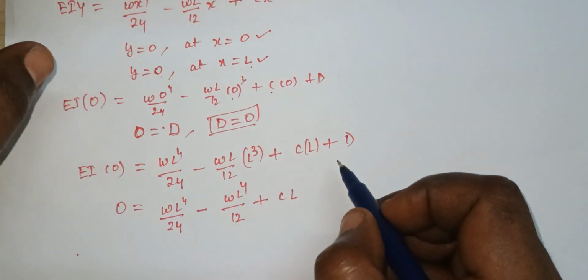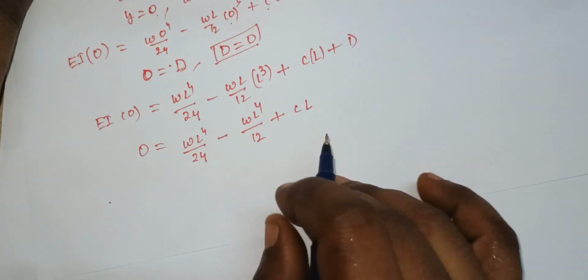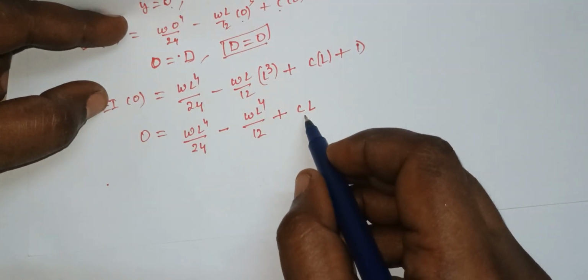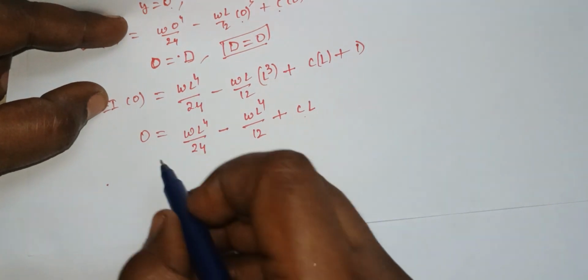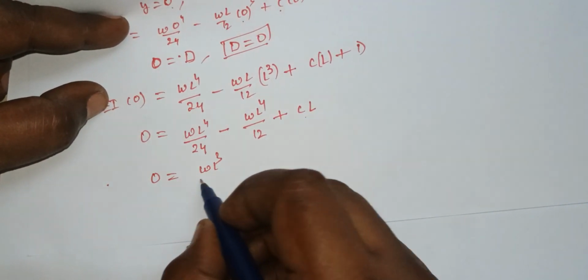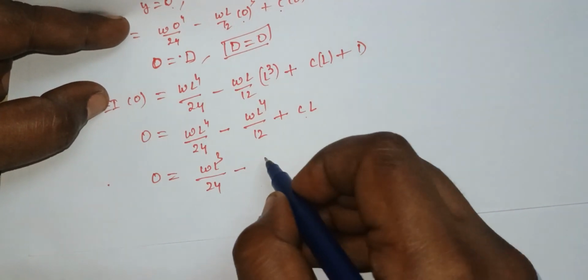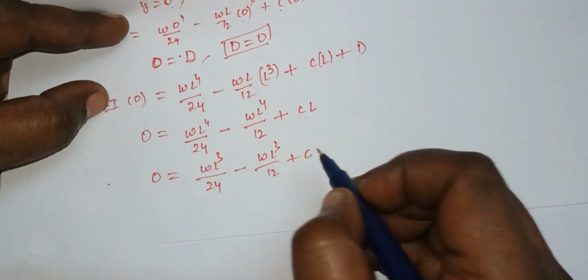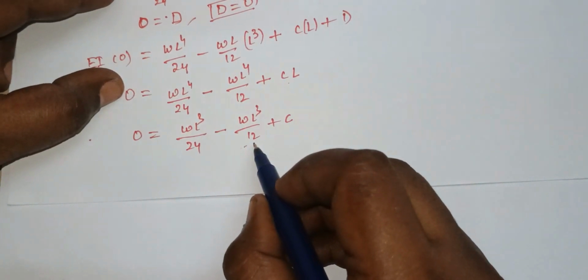Okay, so till here we have to find what is C value. Taking L as common, we can find WL cube by 24 minus WL cube by 12 plus C. See, this is 12 over here.